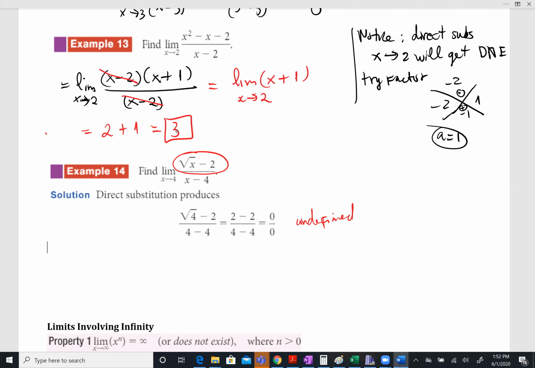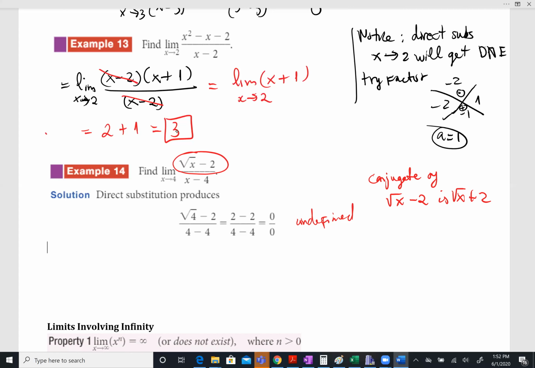The conjugate of square root x minus 2 is square root x plus 2. You multiply by the conjugate in order to get the difference of squares.